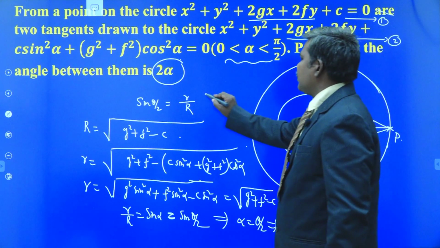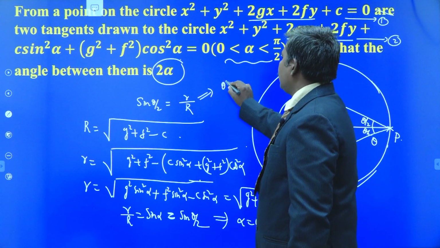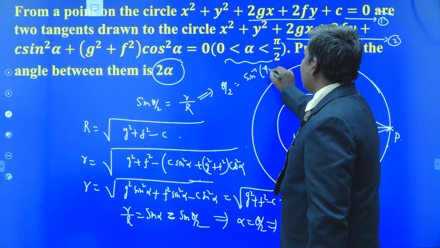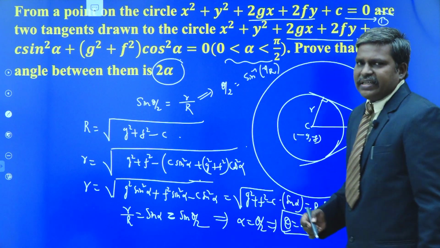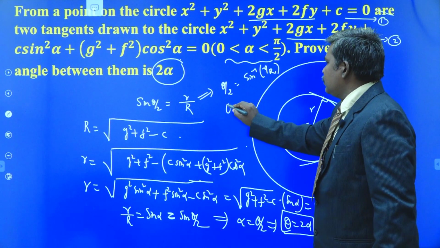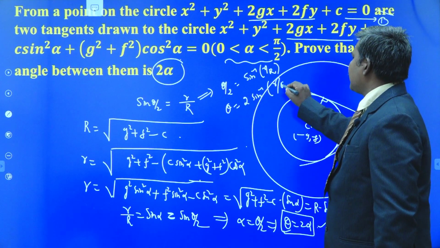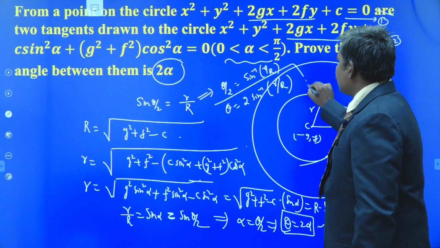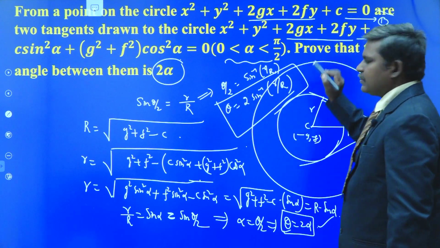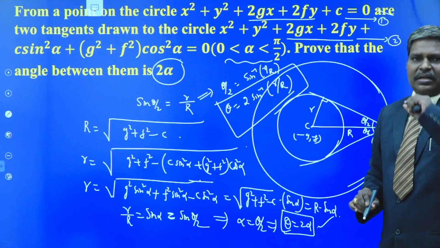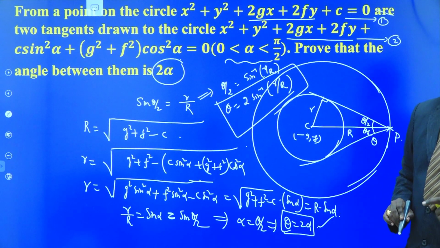You may use this formula. Theta by 2 is what now? Sin inverse of small r by capital R. So theta is equal to 2 sin inverse of small r by capital R. Suppose two concentric circles are there. You take any point on the external circle and draw the tangents from that point to the internal circle.